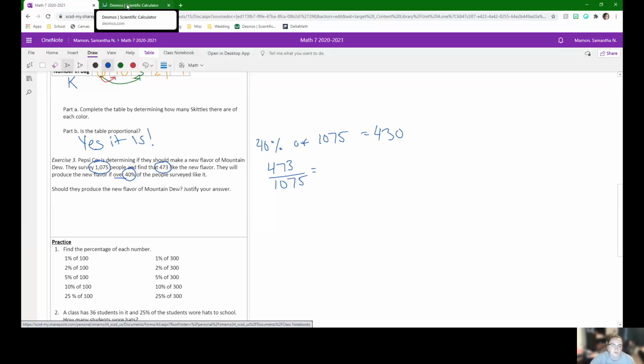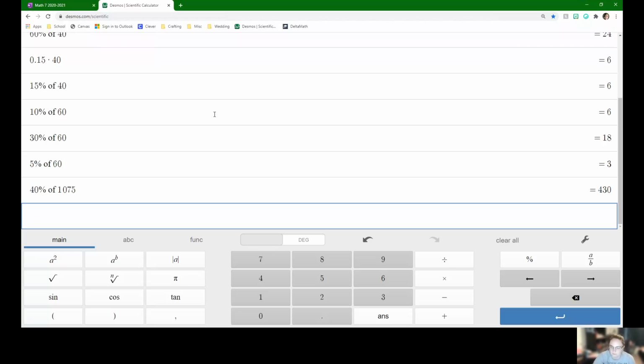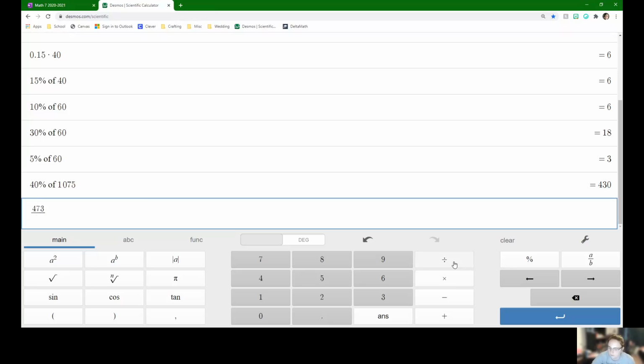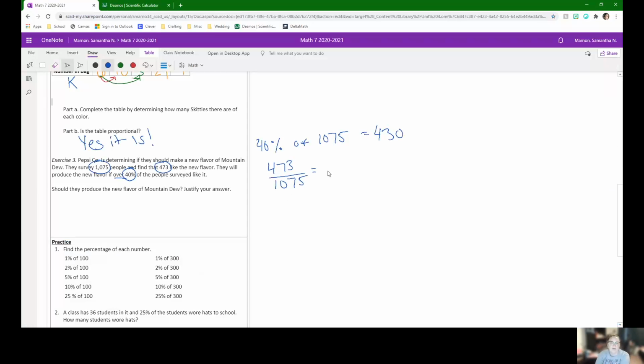So we're just going to type in 473 divided by, or as a fraction with, 1,075. I got 0.44. So that's as a decimal. And if I want to change a decimal to a percentage, I have to move this decimal point over 2 places. That's 44%.